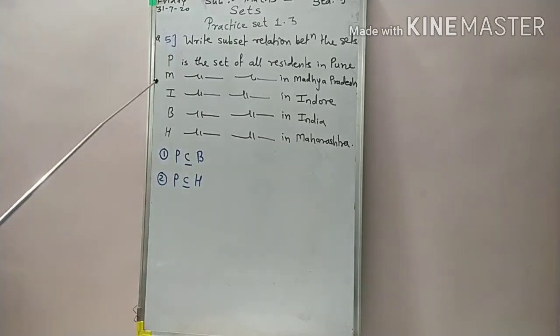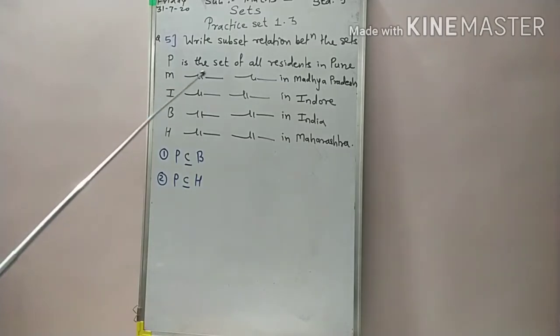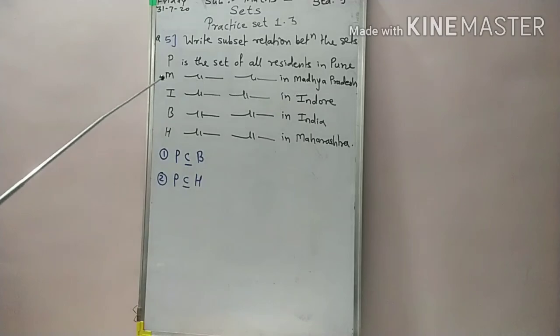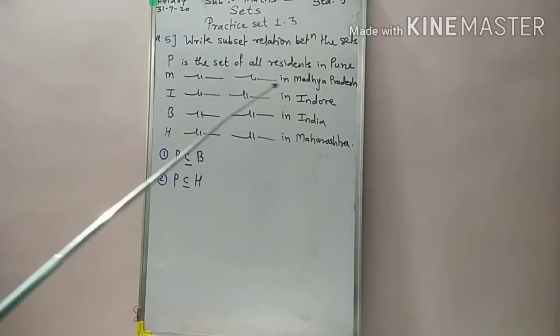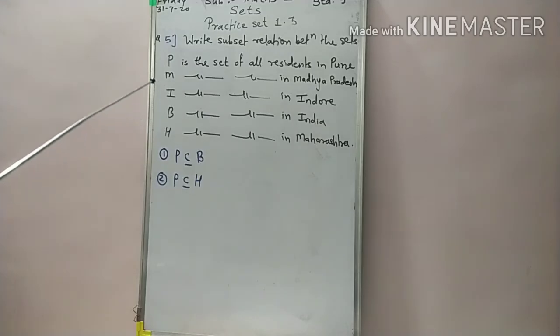Okay, then the next set is M, the residents in Madhya Pradesh. So we compare this M with the remaining 4 sets. M is the residents in Madhya Pradesh, and P is the set of residents in Pune. So all the residents in Madhya Pradesh are not in Pune.